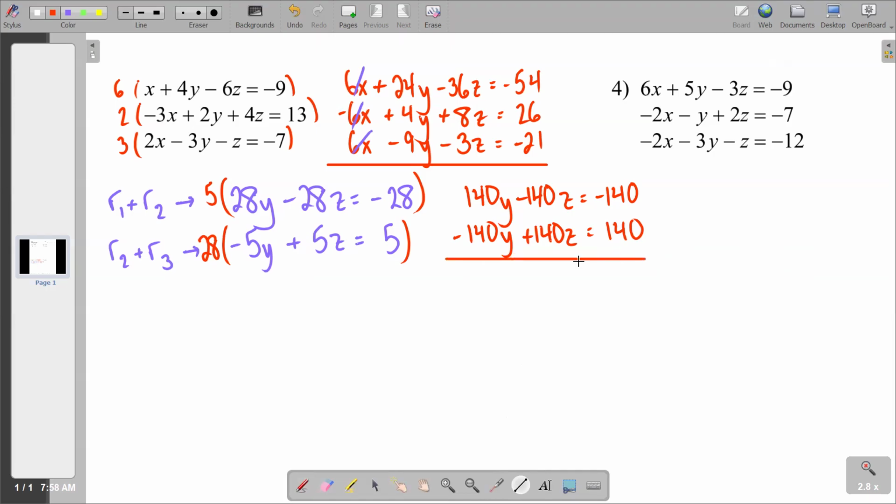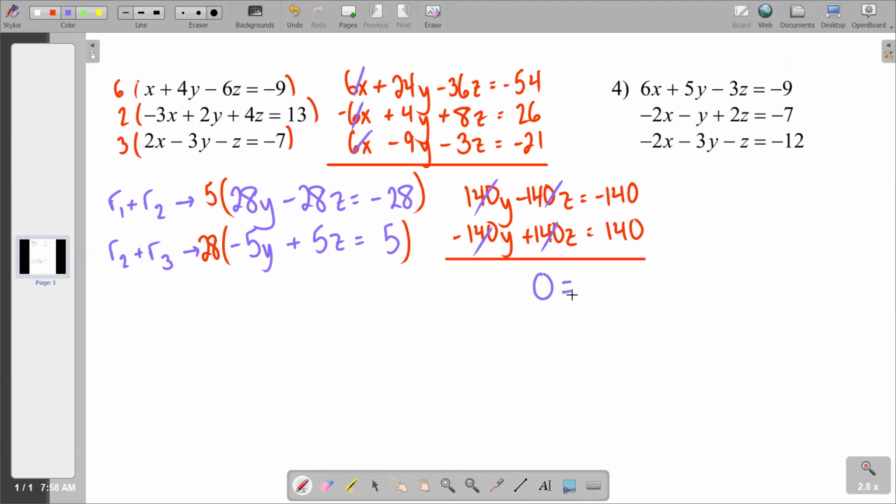And regardless of which one we set out to eliminate, it doesn't matter. They're going to just kind of take care of this for us. So if you add downwards, the y's eliminate and the z's also eliminate. And what do we put when everything eliminates? 0. You need to put the number 0 when everything eliminates, okay?